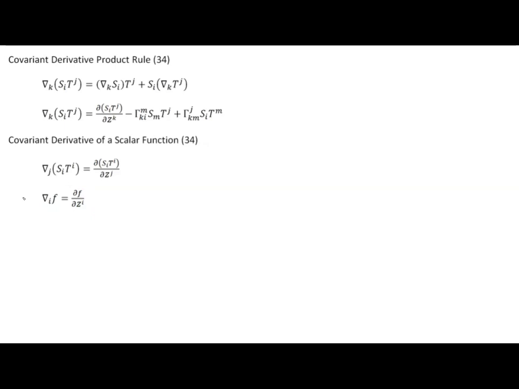And that's true for all coordinate systems. In a sense, it follows the same pattern up here, because what we're doing is taking, first of all, the partial derivative, and then we're adding a term for every index. Well, there are no indexes here, so there are no terms. So the same pattern holds true for a scalar function.